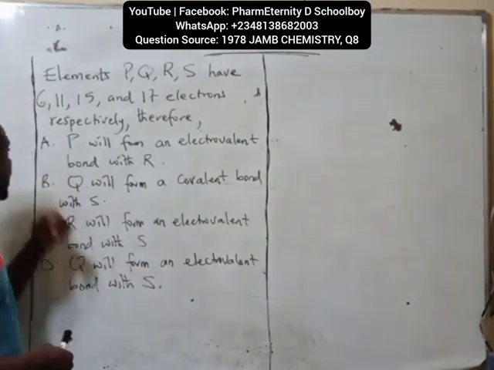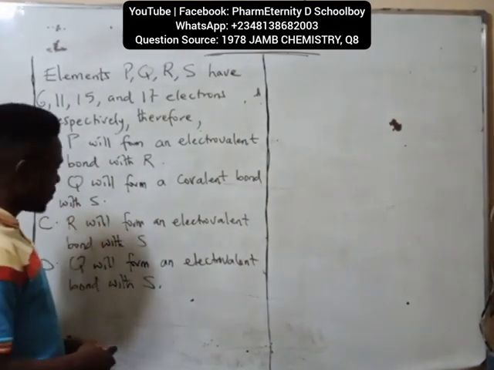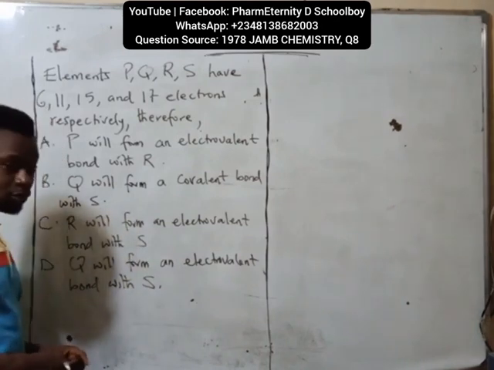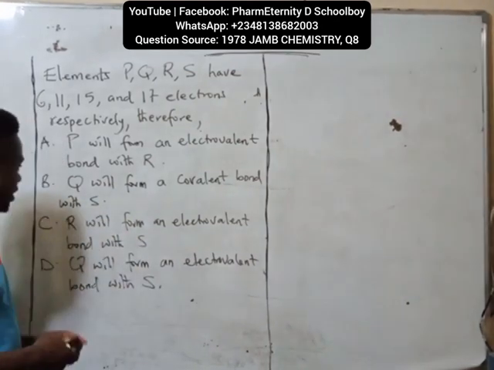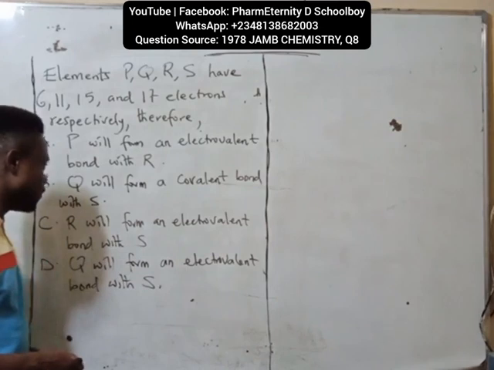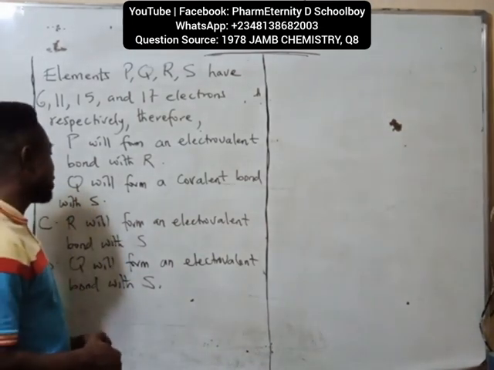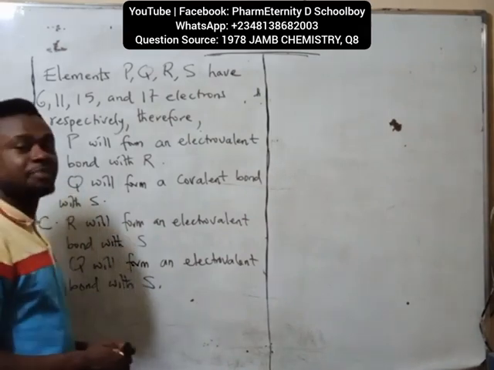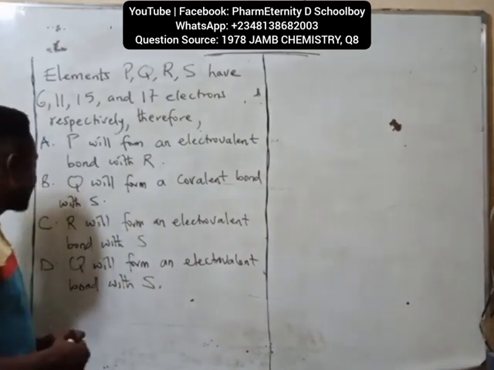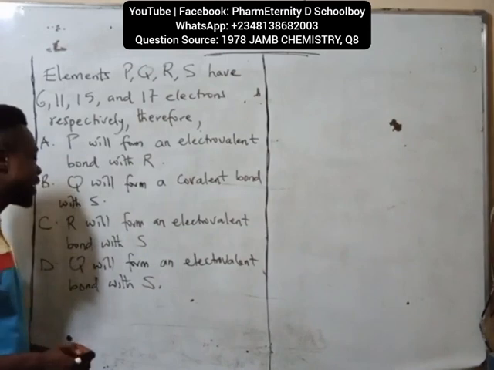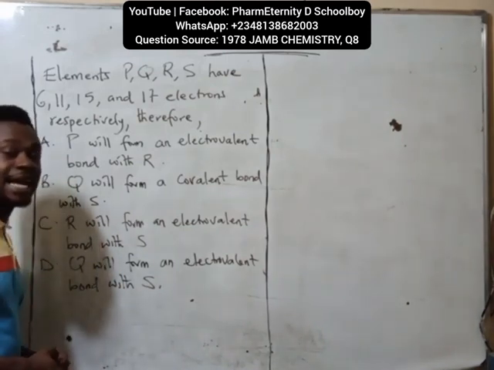Therefore, A. P will form an electrovalent bond with R. B. Q will form a covalent bond with S. C. R will form an electrovalent bond with S. D. Q will form an electrovalent bond with S.